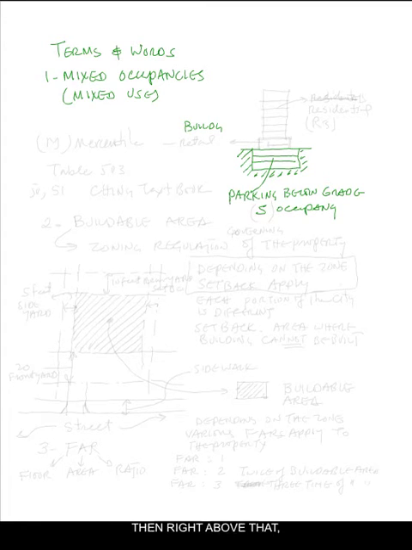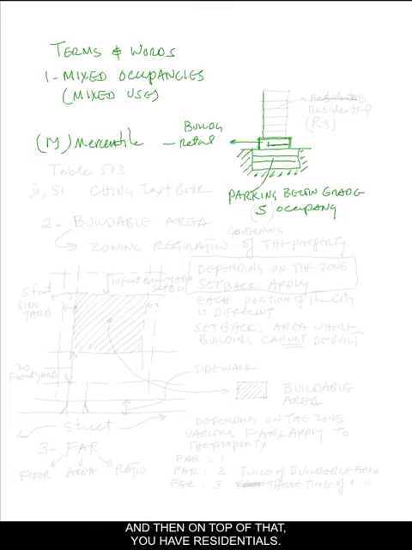Then right above that you have 2 floors or 1 floor of retail, which you know the occupancy group is mercantile, or M. And then on top of that you have residentials.